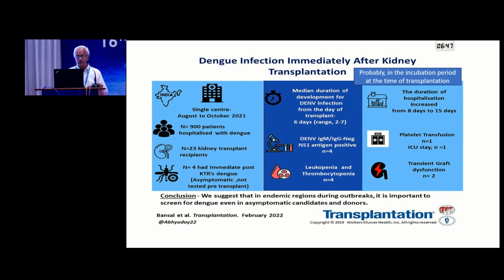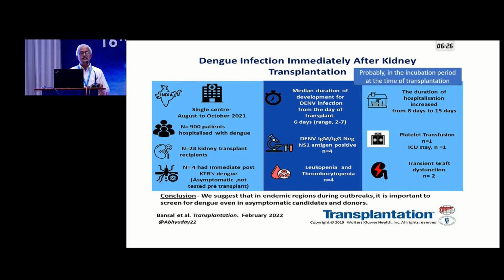So what are the consequences of it? There is a transient graft dysfunction, at least in 2 of them. There's a requirement for platelet transfusion in 1, ICU stay in 1 patient, and the duration of hospitalization increased from a median of 8 days to 15 days. And how did they diagnose dengue in these patients?